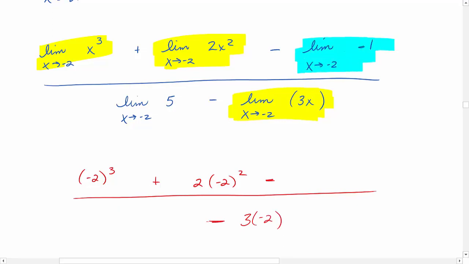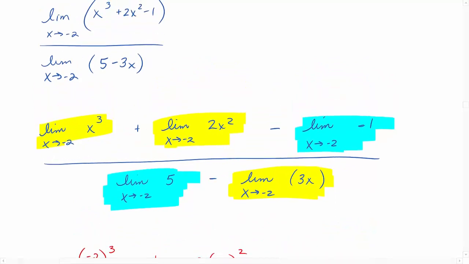And then these other two here, it's the limit of a constant. We know the limit of a constant is just that constant. Oh, look, I made a mistake here. I double counted the negative. Careful there. It's easy to make that mistake. Since I have the negative in front of the limit, I don't want to have it in front of the number.